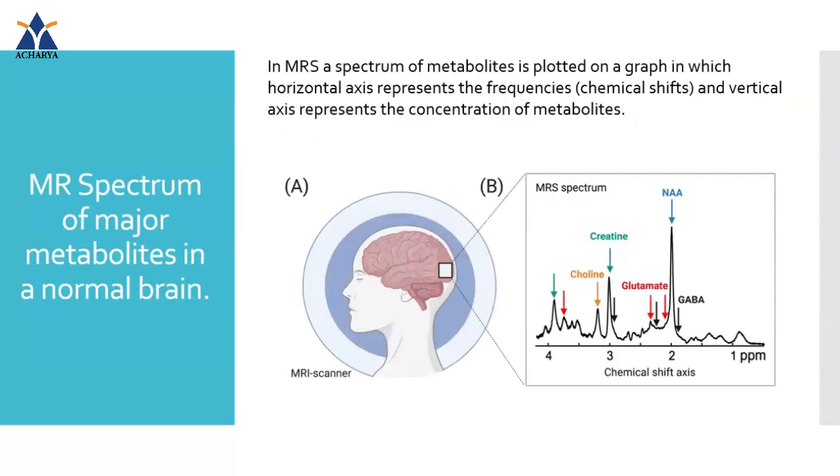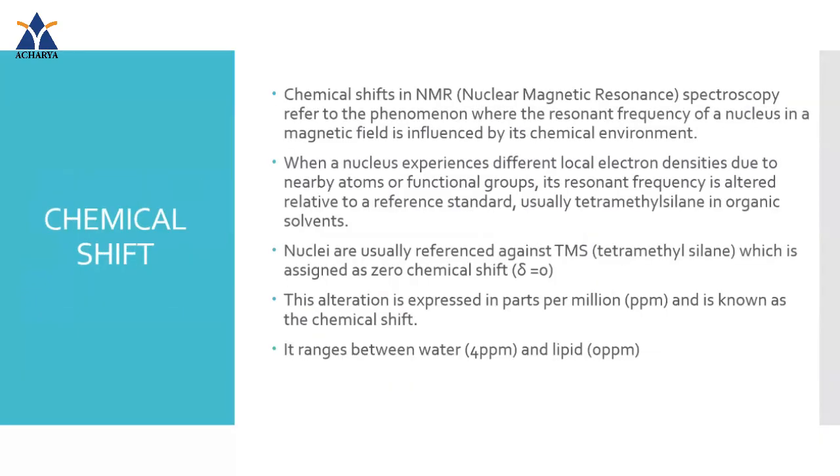We have already studied some examples of metabolites, for example, NAA, creatine and choline. These are three different metabolites, and all three have different chemical environments and functional groups. So these all experience different Larmor frequencies. The frequencies of the returned signals are then plotted in the form of a spectrum.